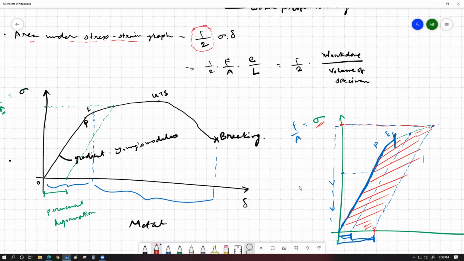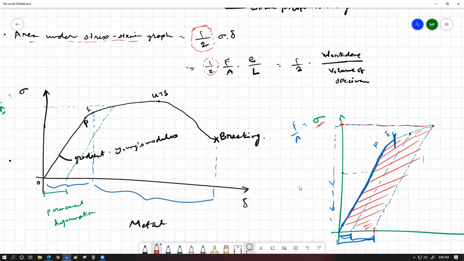This is just a geometric constant. If you calculate it using integration, then you can have a variable equation, and if you have a trapezium, we can have another formula. So this half is basically a numerical constant, so we can disregard its effect.